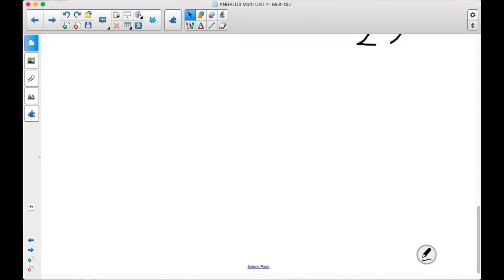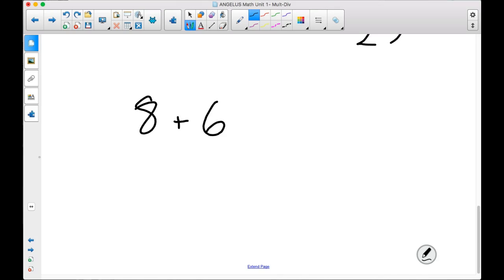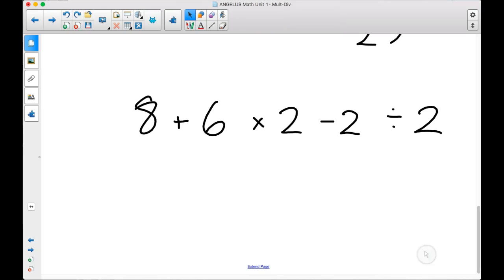So let's start again. 8 plus 6, I'm going to put times 2 minus 2 divided by 2. I hope this works out. But let's see. Okay, here we go.